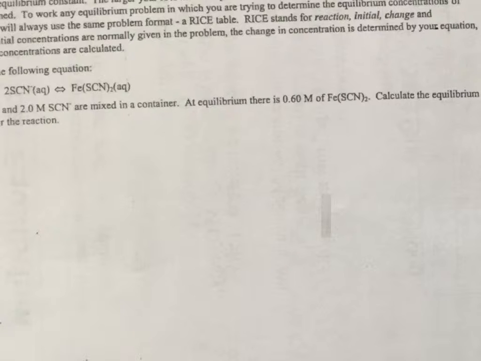So up here, we're going to write K is equal to, who goes on top? The products, which is iron thiocyanate. Does it have an exponent?